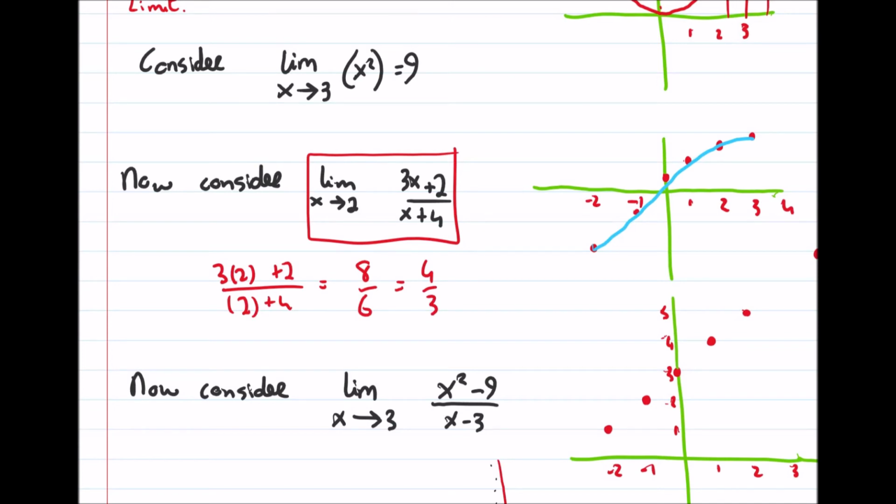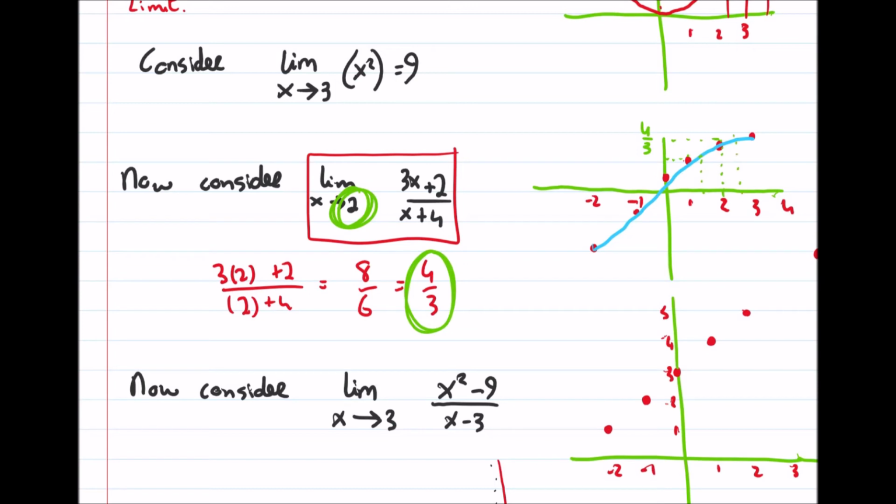So the closer I get to 2, the nearer the number I put in to the function is to 2, the closer I get to 4 over 3. So if we look here, if I put in 2, I get 4 over 3. If I put in 1.5, I'll be this close to it.